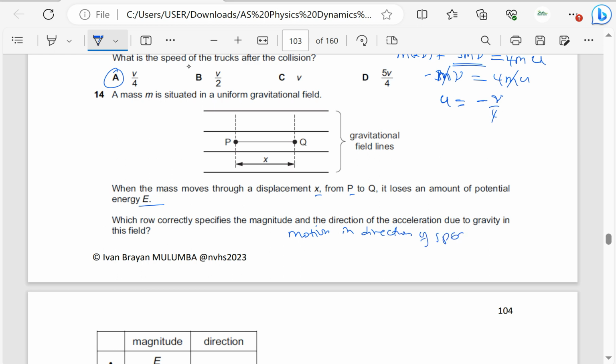Motion in the direction of the field, not in the direction of speed. It is moving from P to Q, that is, it is moving along the field.